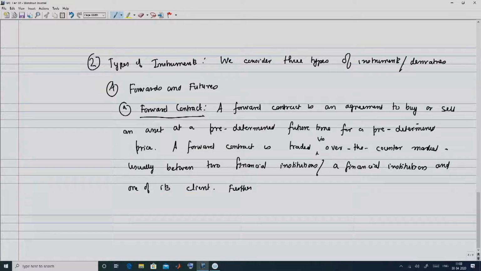Further, a forward contract is legally binding on both the parties.